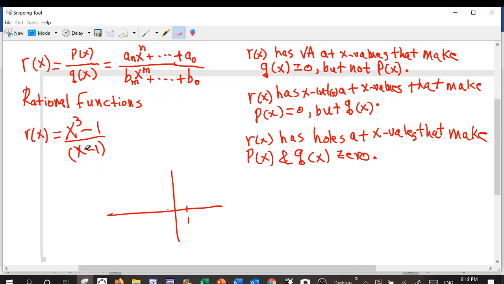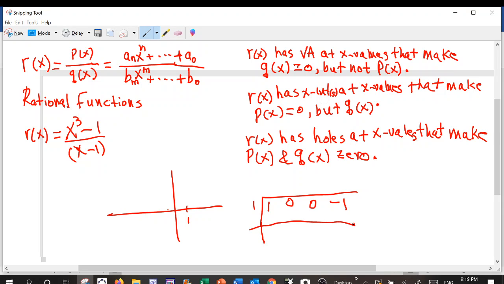We can actually divide this. Remember, we know how to divide. So let's divide it using synthetic division. So what do I put here for the dividend? 1. x squared is not there, so I have to put 0. x is not there, so I have to put another 0, and then -1. And I want to set the denominator equal to 0 to find its root, which is 1, and we'll put it here, right?